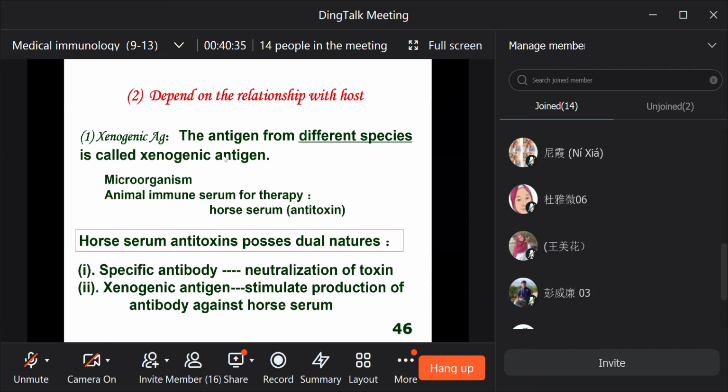The exogenic antigen is the antigen from a different species. For the human, the microorganism and the animal immunotherapy.